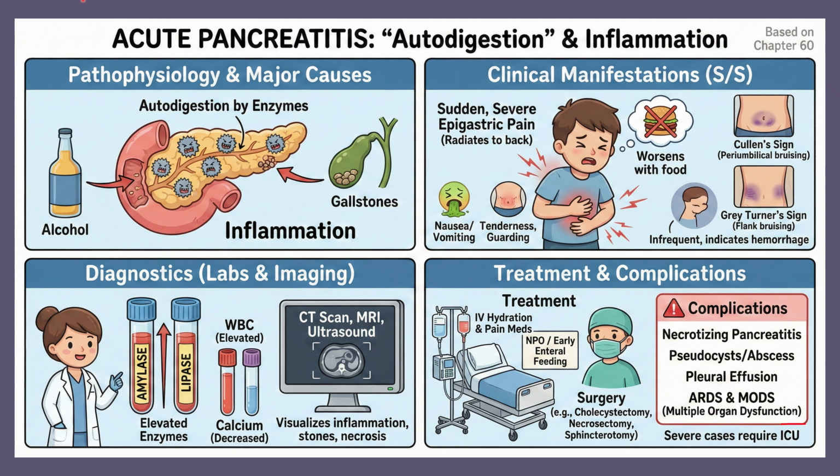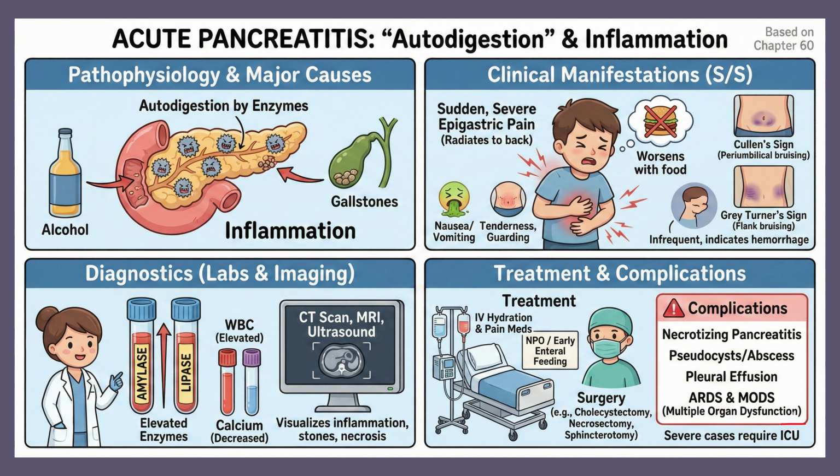Diagnosis relies on a combination of laboratory tests and imaging studies. Key laboratory findings include elevated serum amylase, 10 to 20 times normal, elevating within 12 hours, and serum lipase, the most specific indicator, elevating around 72 hours and remaining elevated for up to 2 weeks.